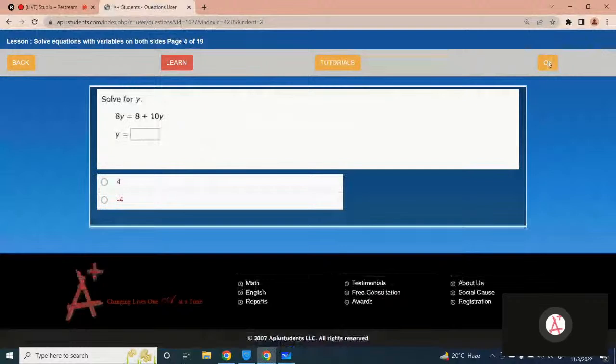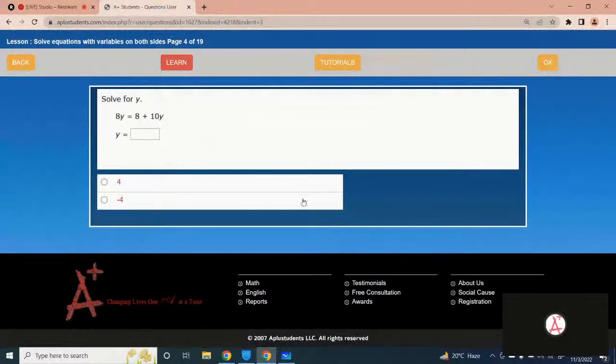Okay, 8y equals 8 plus 10y. So which is the correct option? So it would be negative 4. Got it? You can do the question on your notebook. It is negative 4.